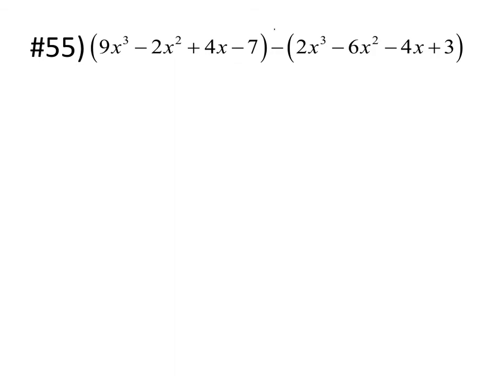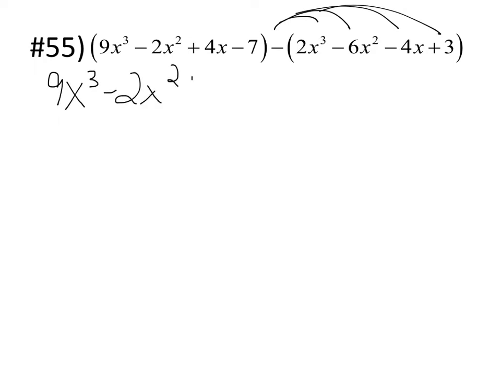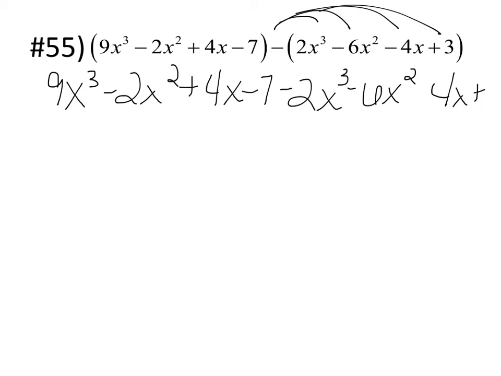Okay, alright, here you've got to distribute this negative. So we've got 9x cubed minus 2x squared plus 4x minus 7 minus 2x cubed, sorry, this should be plus 6x squared plus 4x minus 3.